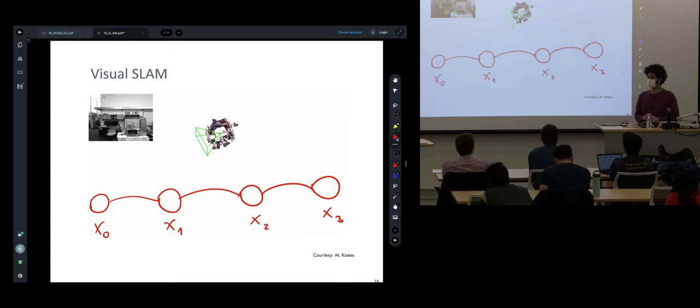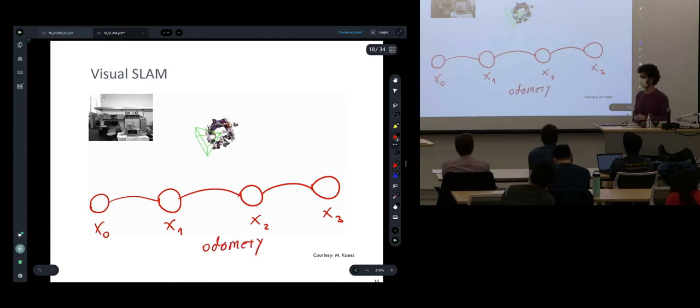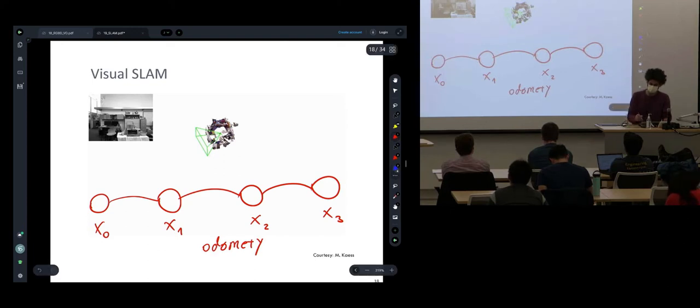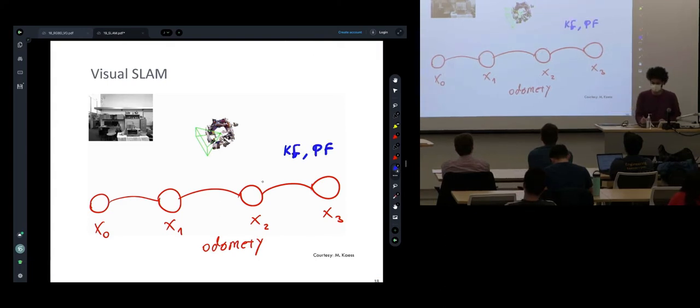It's not as good as SLAM because this is still odometry. But it's odometry in the sense of smoothing. I'm still trying to use temporal constraints to track the robot. So in the sense of odometry, it's a better way of doing odometry. And you might choose to do it over a window, so it's window tracking. In filtering, let's say a Kalman filter or particle filter, we marginalize the history.